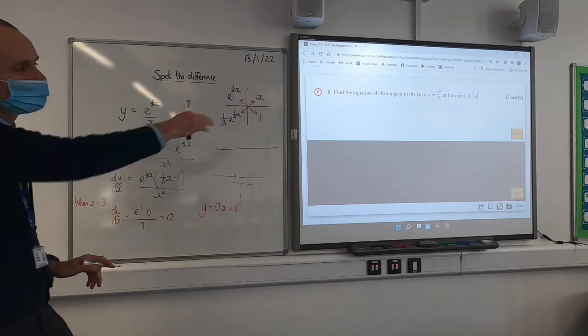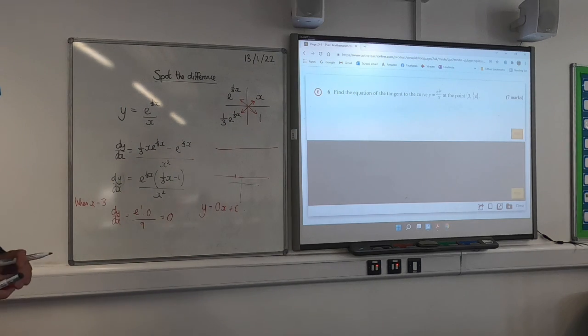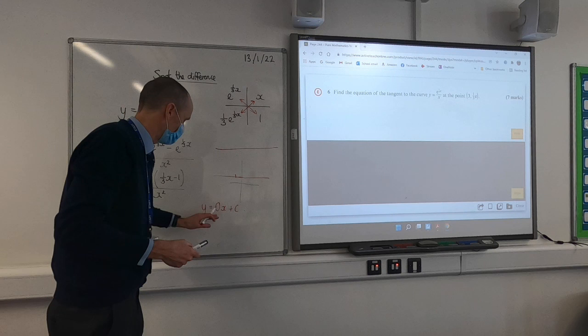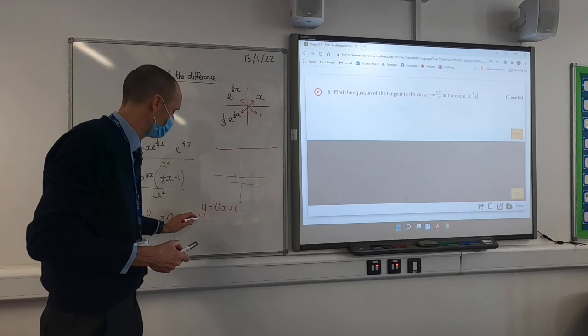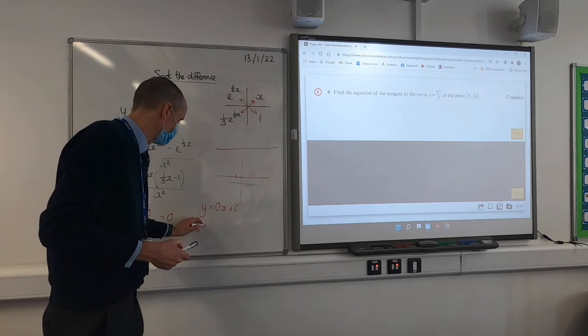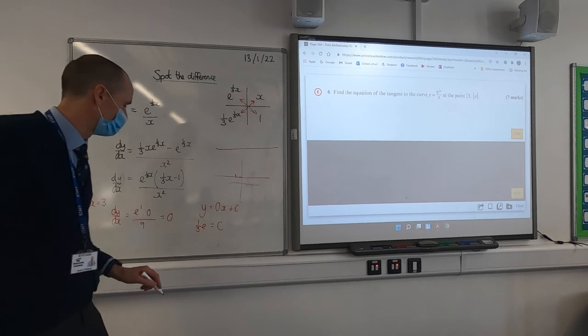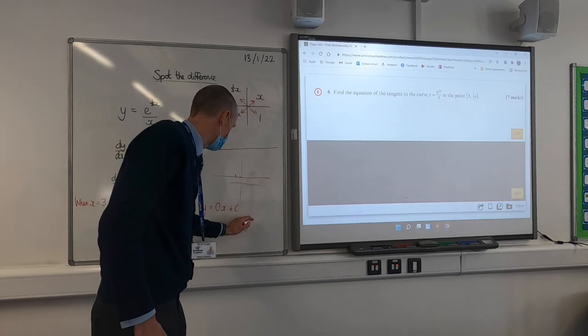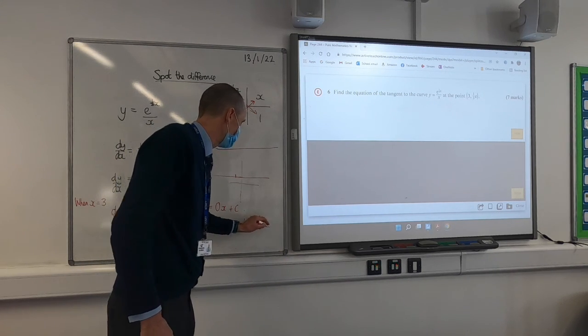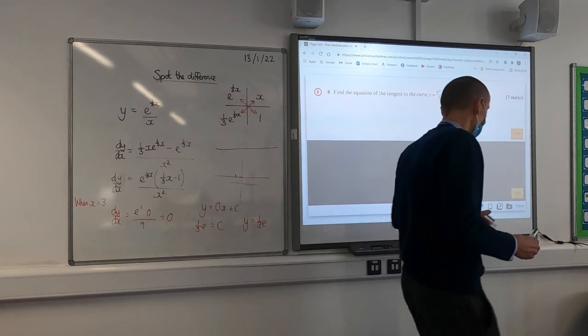We're going to substitute in that value. So we make x equal to 3. Well, that's irrelevant, becomes nothing, and y equals a third of e. So the equation of the line is y equals a third of e, which is a horizontal line.